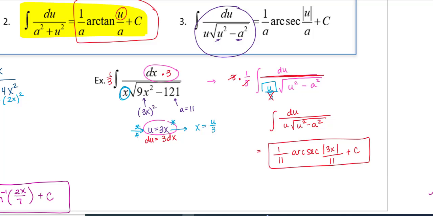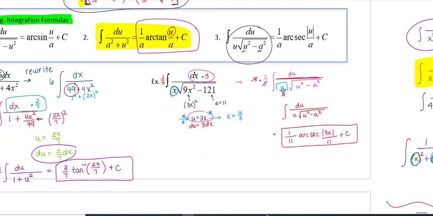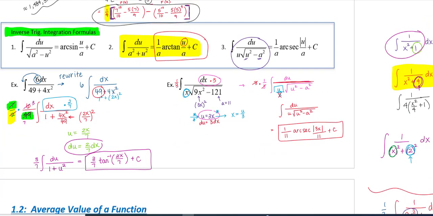Okay, so if you just do your standard u substitution, all will fall into place. We just have to make it sort of match some of these integration formulas that we should know from Calc 1. Hopefully you found that video helpful, and thanks for watching.